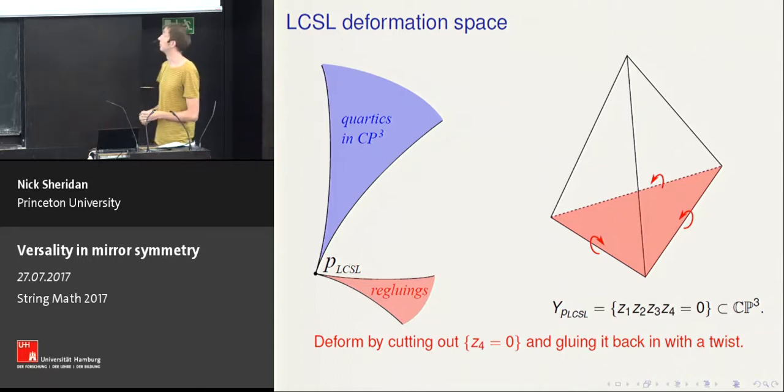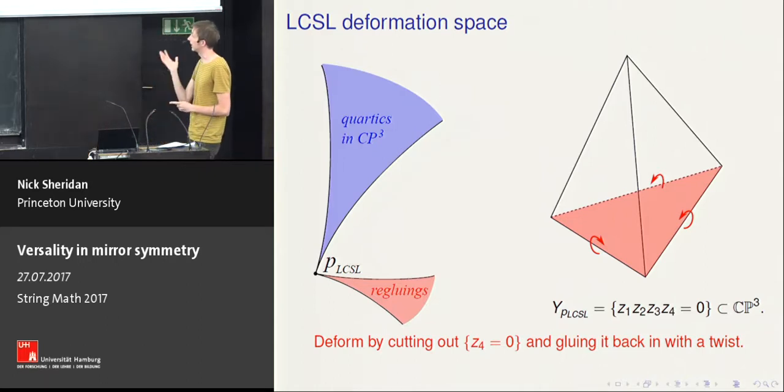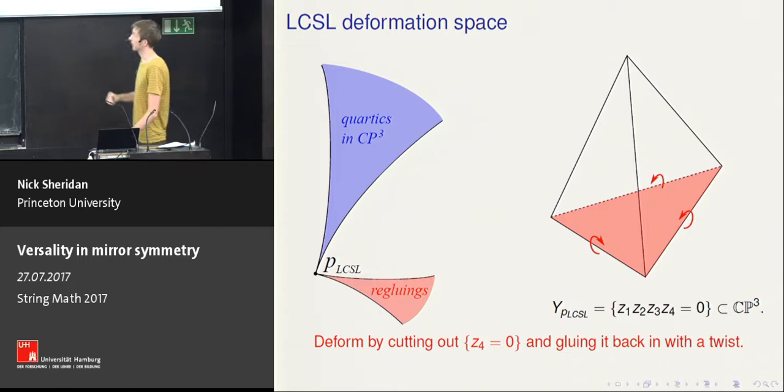But there's another way of deforming it by cutting out one of these hyperplanes and gluing it back in with a twist. So we have kind of 3 C star parameters for how we choose to glue it back in along these 3 lines inside this CP2. 2 of those 3 parameters are killed by the complex torus acting on CP2, but 1 is not.